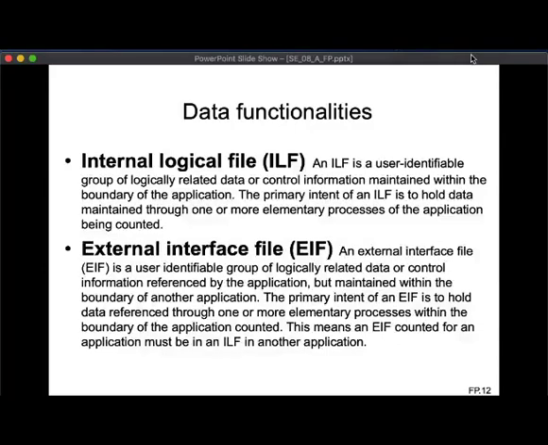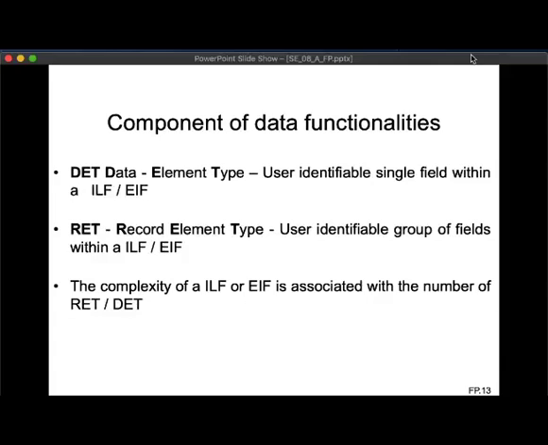The external interface file, conversely, is a user identifiable group of logically related data or control information that is referenced by the application but maintained within the boundary of another application. The primary intent of an external interface file is to hold the data referenced through one or more elementary processes within the boundary of the application counted. Incidentally, this means that an EIF counted for an application should necessarily be an ILF in another application.